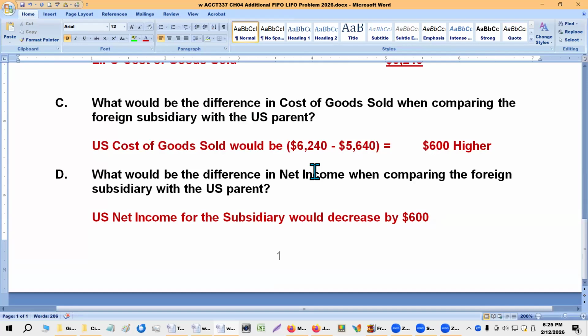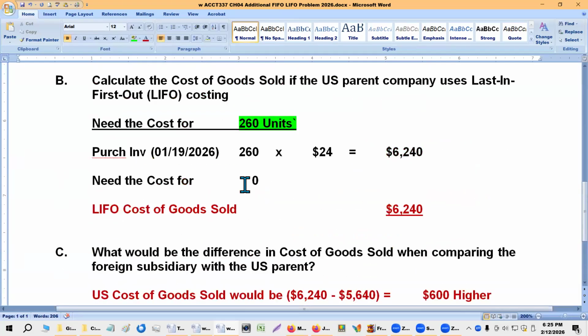So this is an accounting method difference. International standards don't allow for LIFO. They say nothing flows like that, and there are problems with LIFO.